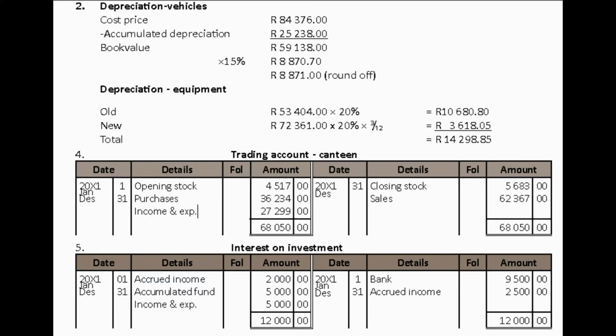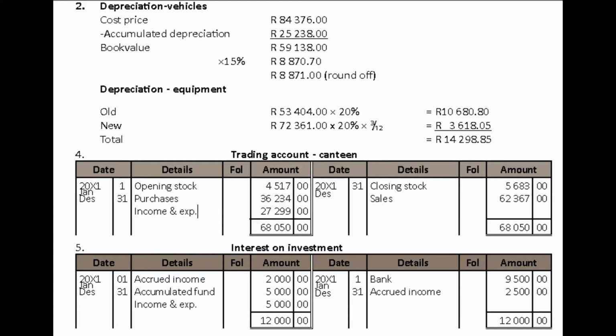So 5,000 can be transferred to the income and expenditure, and 5,000 must be capitalized. So you're going to transfer that to your accumulated fund account. So that is why on the debit side of the interest on investment, you have that accumulated fund 5,000 and income and expenditure 5,000. Okay, so you've got those three amounts on your debit side.